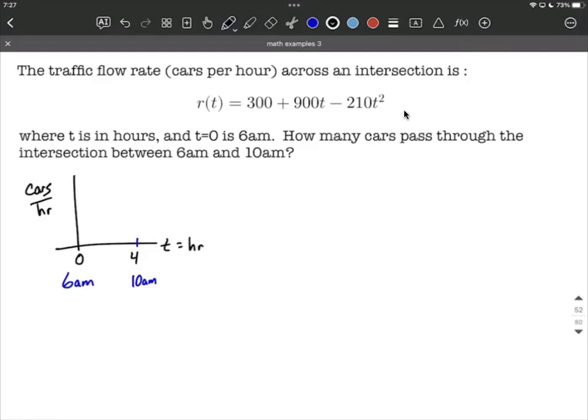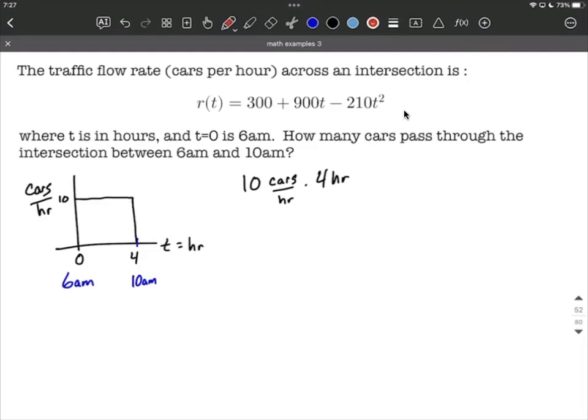If it was a simple constant function, it would look something like this, going straight across. And let's say we were getting 10 cars per hour. Our end goal would be to figure out 10 cars per hour, and we'd multiply that by however many hours we're looking at. So in our case, it would be 4 hours.